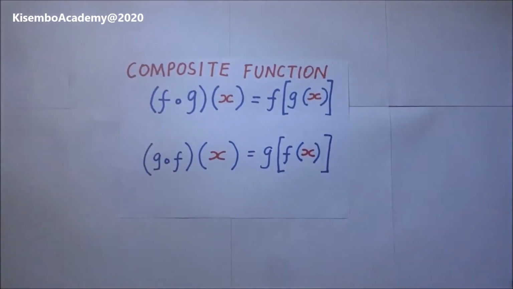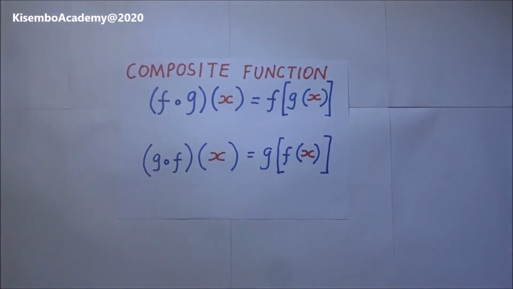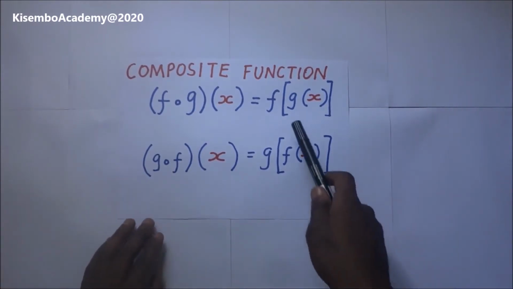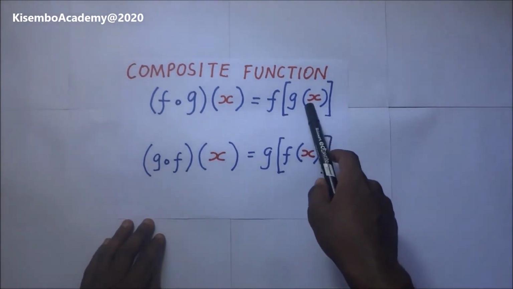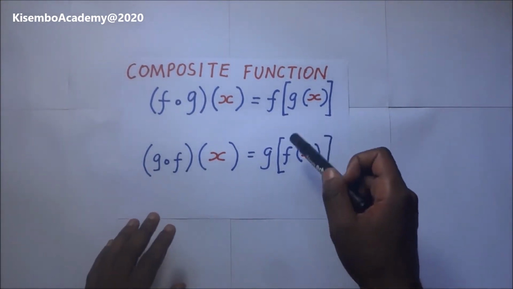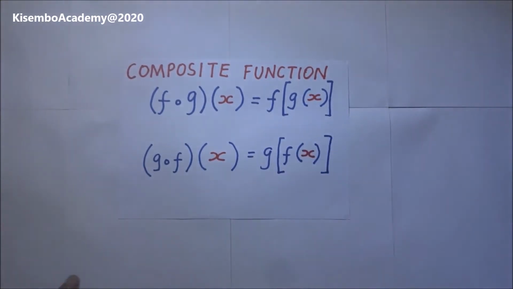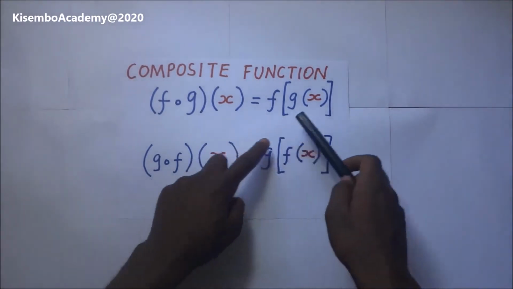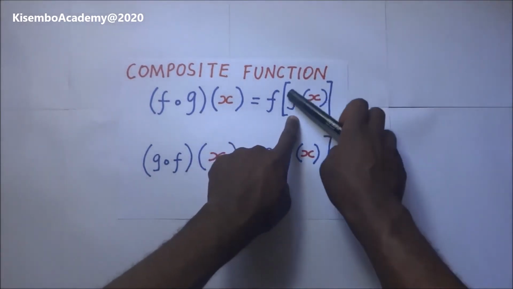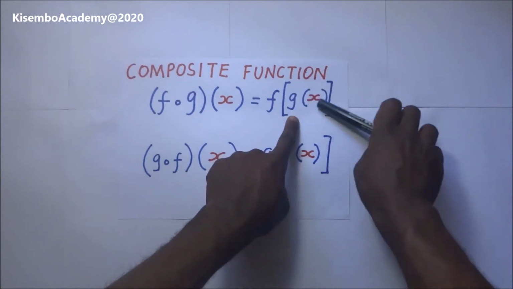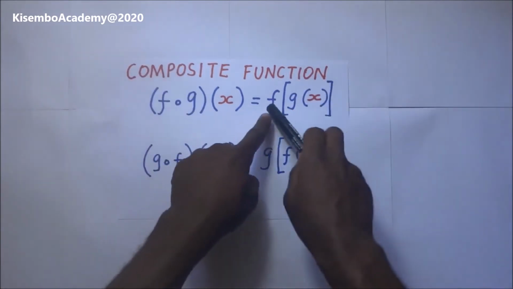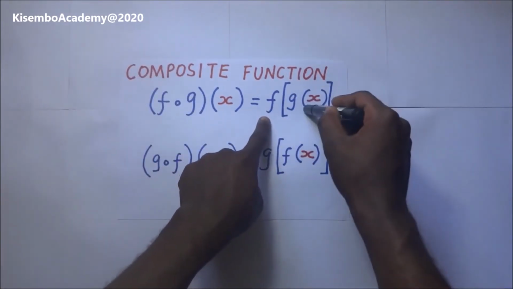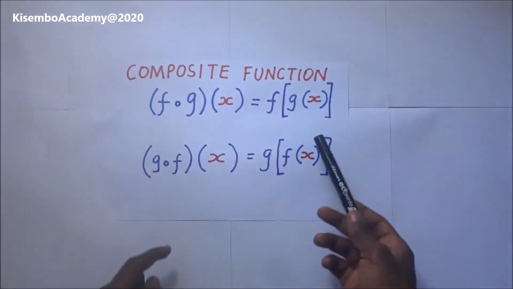In simple terms, a composite function is a function of a function, a situation whereby you have a function that is acting as an input in another function. So in this case, the function g of x is acting as an input of the function f of x. So we're having a function being an input of another function.